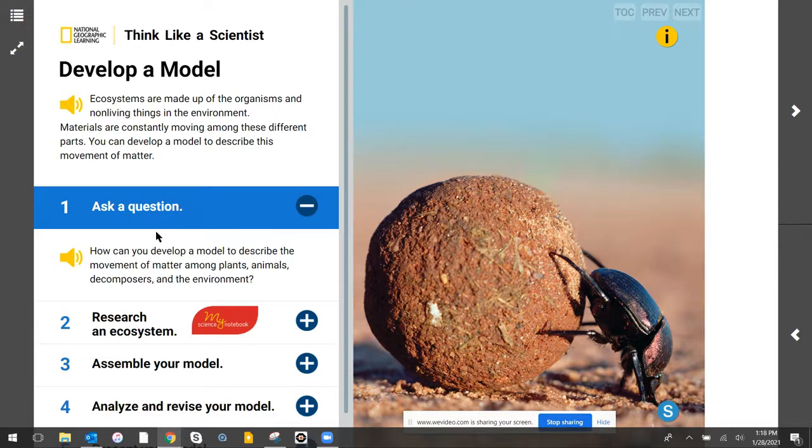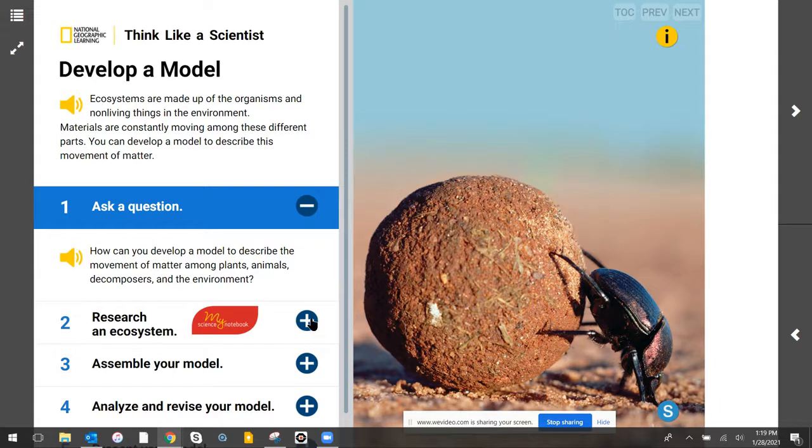So the first thing you're going to do is ask yourself a question like a scientist. How can you develop a model to describe the movement of matter among plants, animals, decomposers, and the environment? And remember, that is your driving target this week. That is what you have to be able to do.